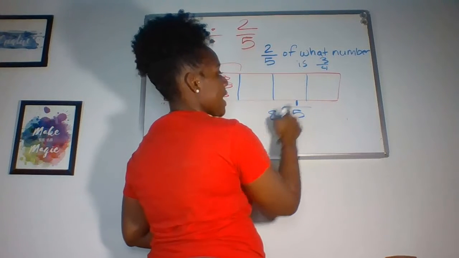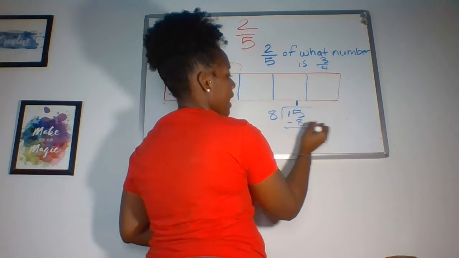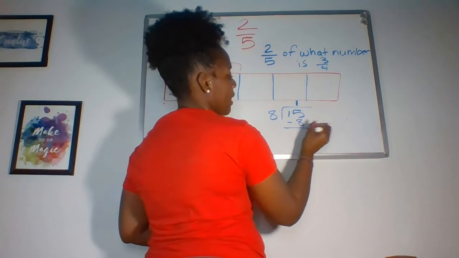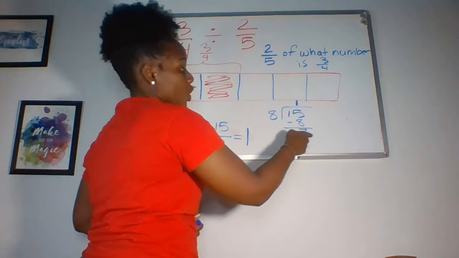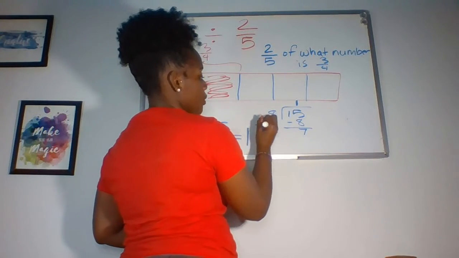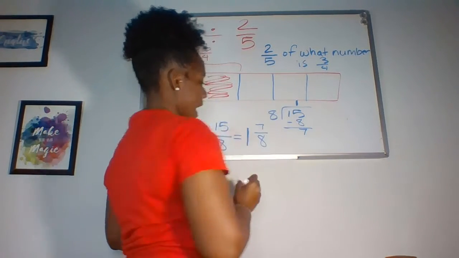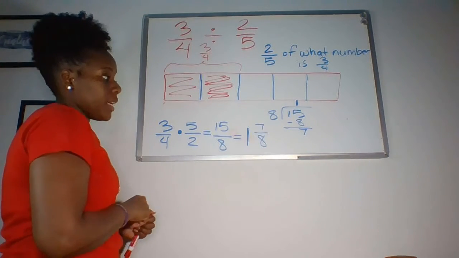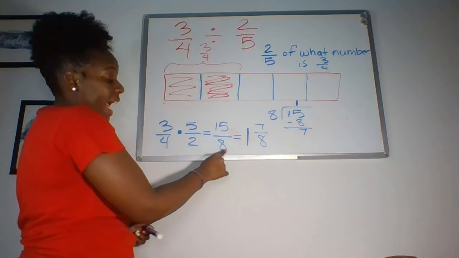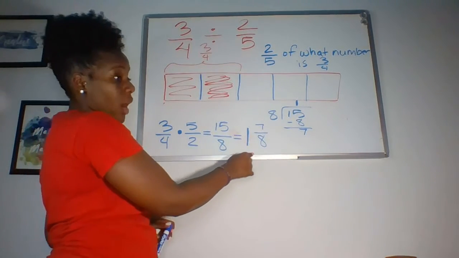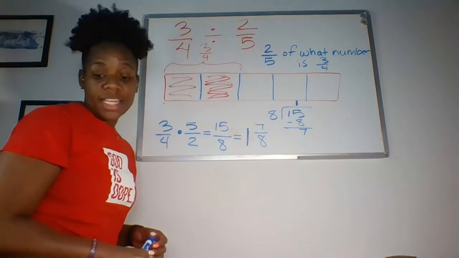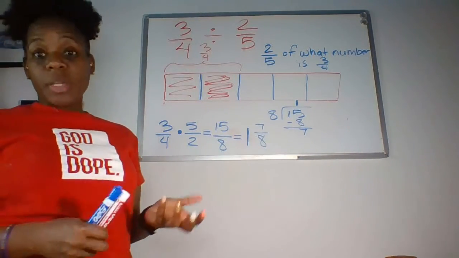Then I say, well, what's 8 times 1? That is 8. 15 minus 8 is 7. Your remainder becomes your numerator, and your divisor remains as your denominator. So 15 eighths is the same as 1 and 7 eighths. And that is what the answer would be.